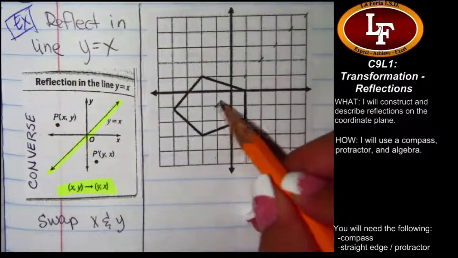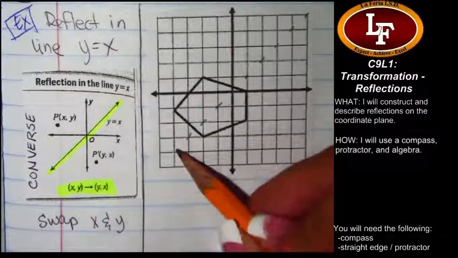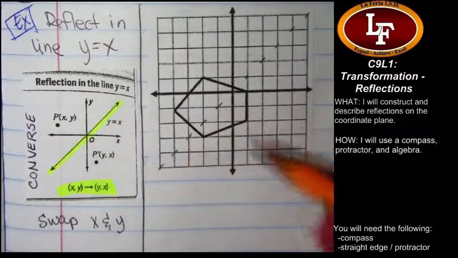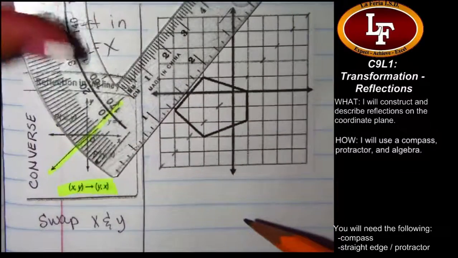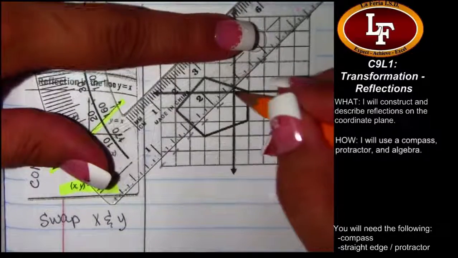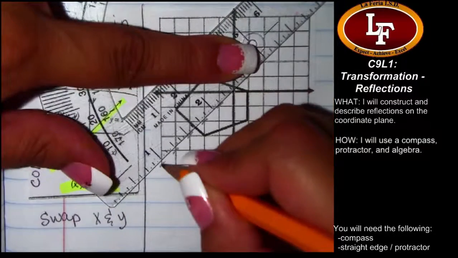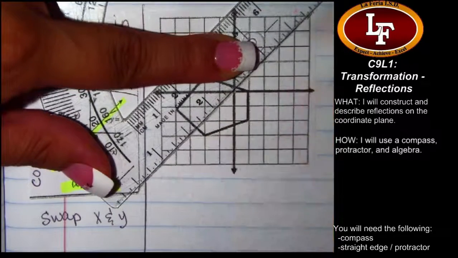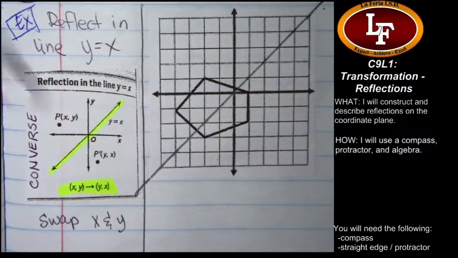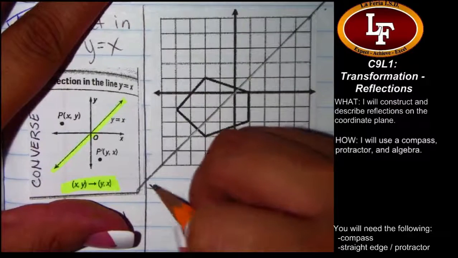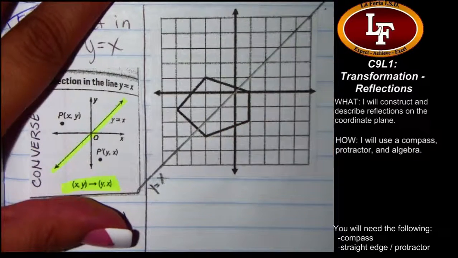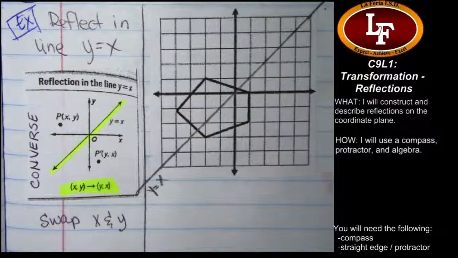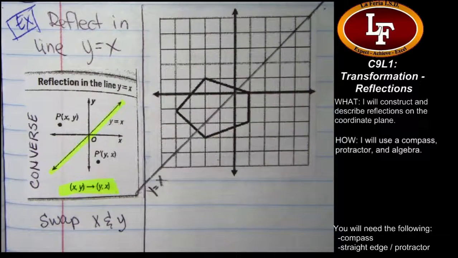Do you see the little dashed line that we're starting to create by plotting these points? Take your protractor and draw that line. I'm going to draw the line really big so that we can see it, and I'm going to label this line y equals x. It doesn't matter where you label it. I just don't want to put it in my picture because I don't want it to get run over by what we're about to do.